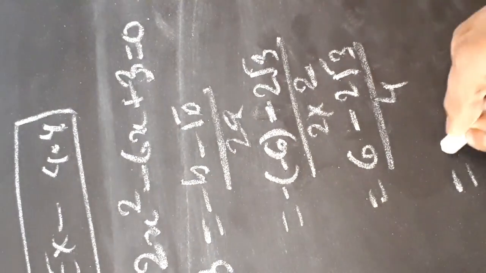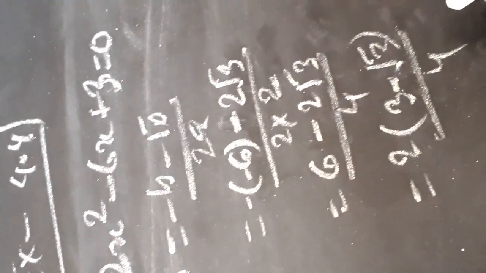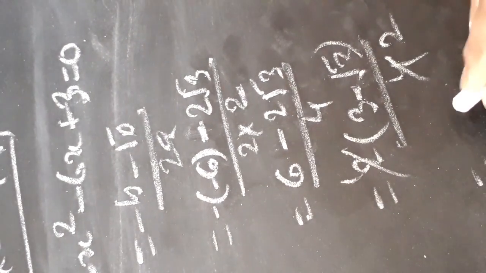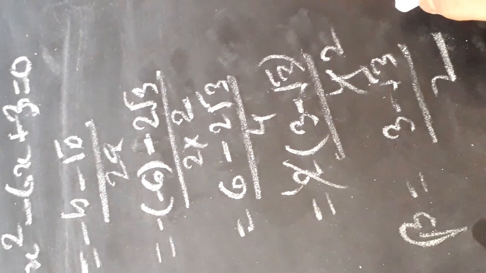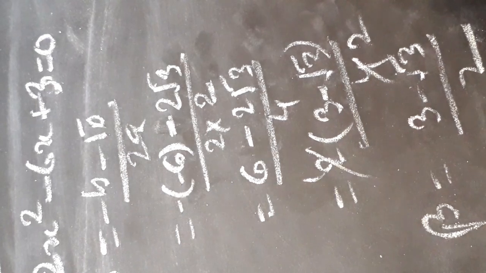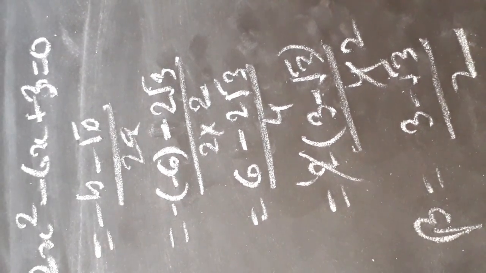Again we take common 2, it becomes (3 − √3) upon 4, and 2 ones are 2, 2 twos are 4. We get beta = (3 − √3) upon 2. In this way, first of all we find D, then we state the nature of the roots. If D is 0 or greater than 0, then we find alpha and beta. And if D is less than 0, or negative, then it has no real roots and we will not find the values of alpha and beta.